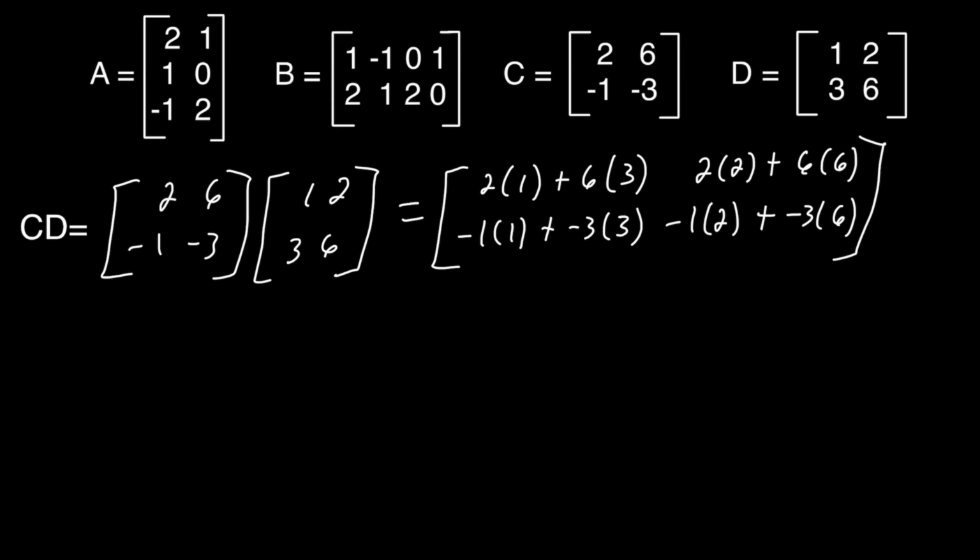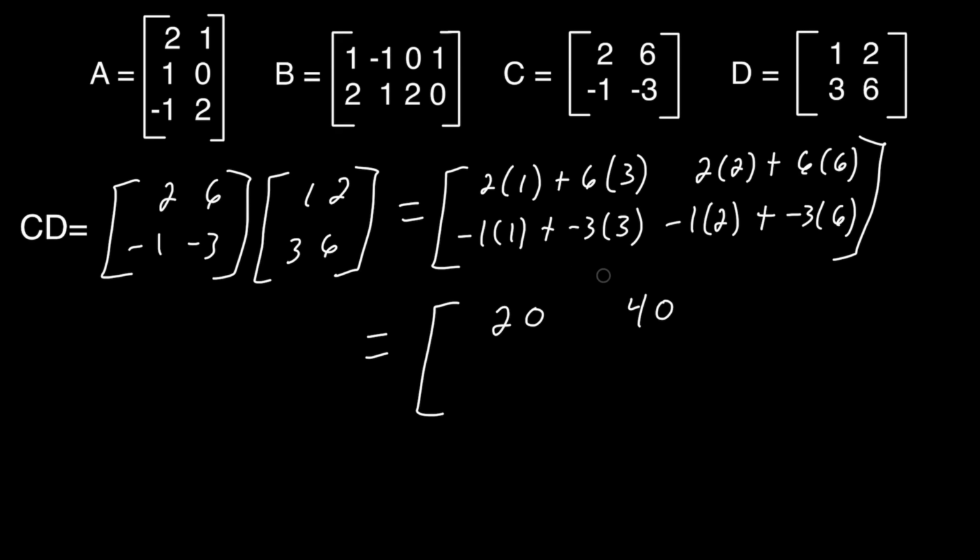And now we can solve that. What is 2 times 1? 2 plus 6 times 3, 18. So 18 plus 2 is 20. What is 2 times 2 over here? That's going to be 4 plus 6 times 6 is 36, so that's 40. Over here we've got negative 1 times 1, which is negative 1.